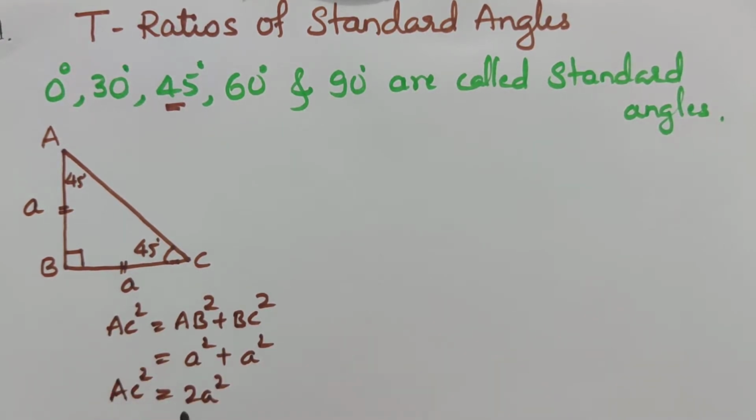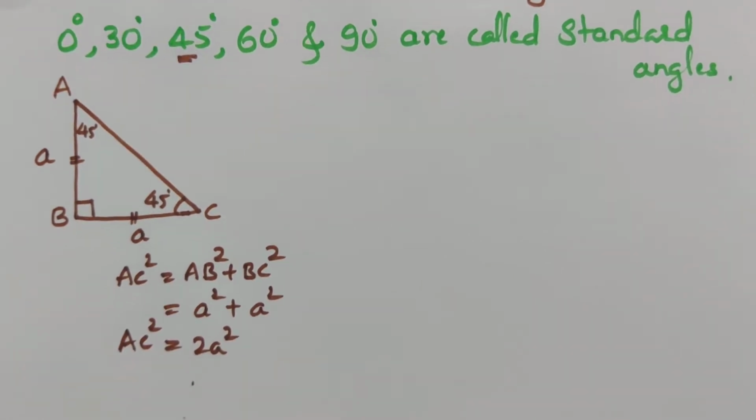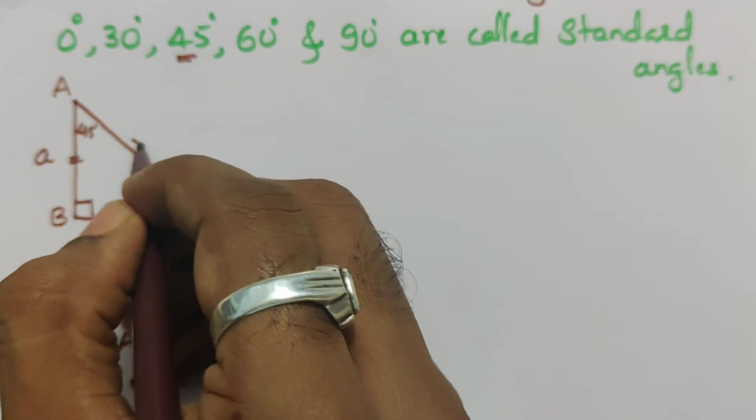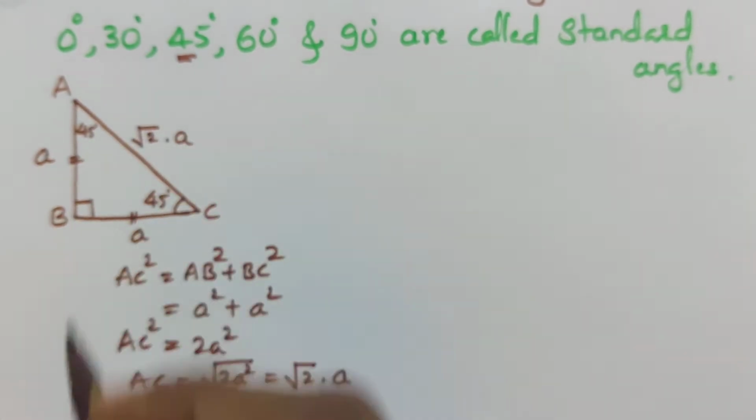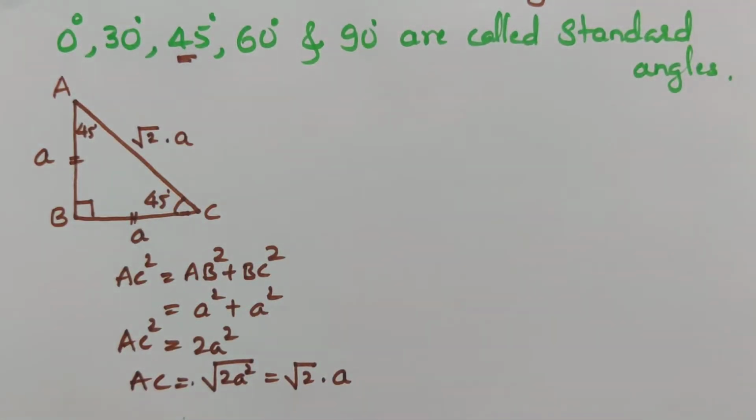So AC square is equal to 2A square, and AC will be the square root of 2A square, which means root 2 and A. So the hypotenuse value is root 2 A.